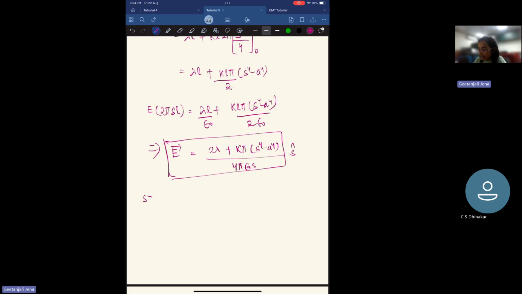When S is greater than B, then it's easy because we already have the expression for the inside. For outside, only the limits will differ.